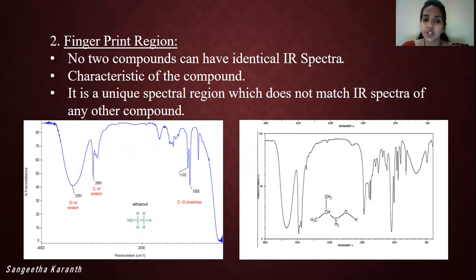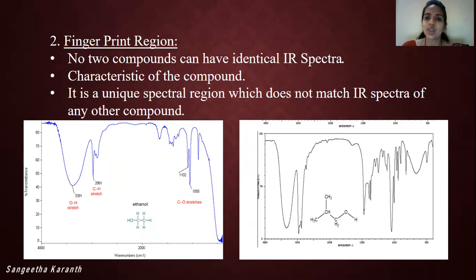The fingerprint region of the two molecules will be completely different from each other. So we can say that the fingerprint region is a characteristic of that particular compound. Although the functional groups may be the same in different molecules, the fingerprint region will be completely different from each other.